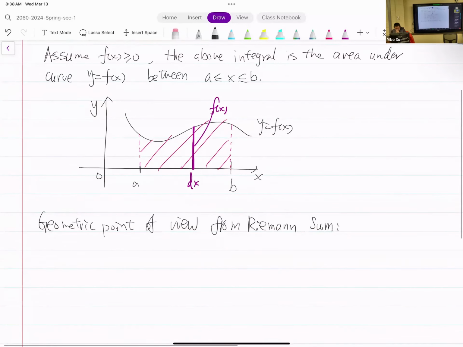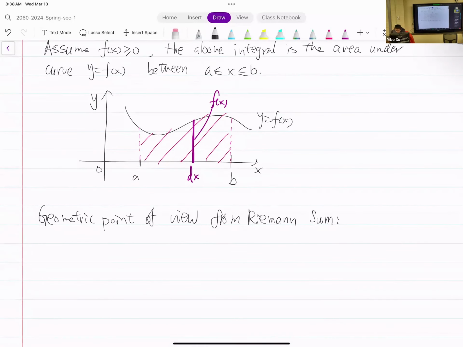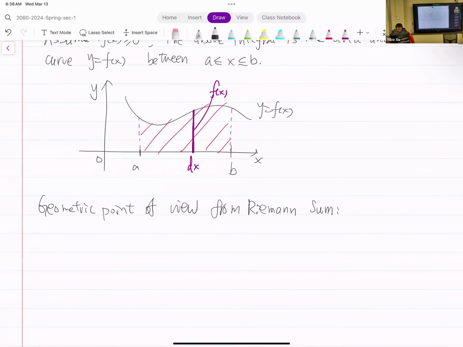Let's think about what we have been doing for the Riemann sum. If we don't really know how to calculate the integral or the area under the curve, what we can do is subdivide the interval from A to B into pieces.